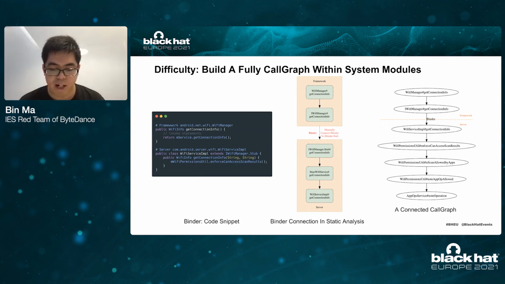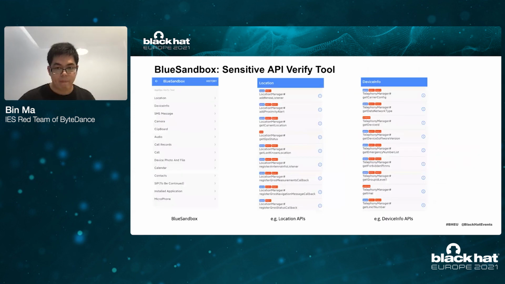Next, we will verify whether these APIs indeed trigger the vendor's privacy detection. We built a tool called Blue Sandbox to verify our findings. The first image is a preview of this tool, which covers most sensitive behaviors, including location, device state, and camera.